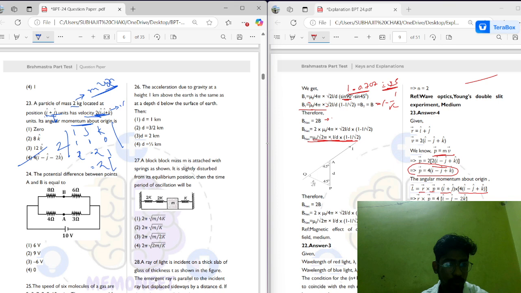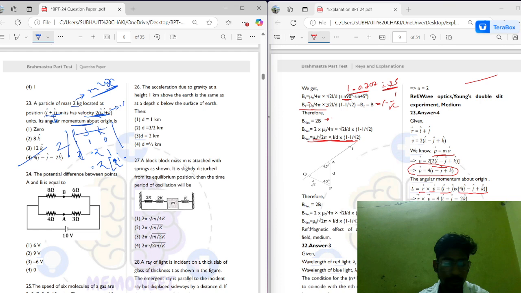For j, minus 2, 0, sorry, 1 plus 1, that will be equal to 2. So we get minus 2i minus 2j minus 4k. If you take the common factor out, you will get 2 times 2i minus j minus 2k. It will be the answer.